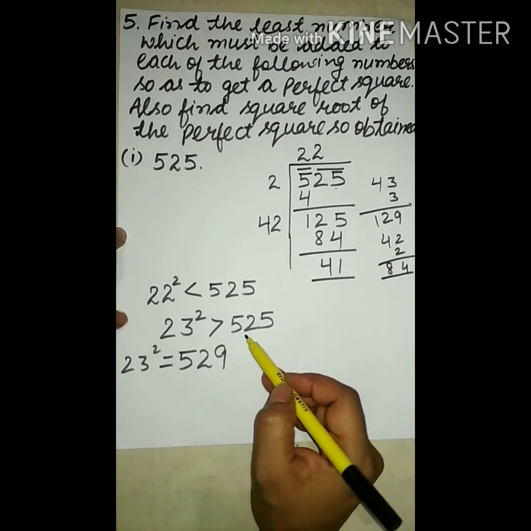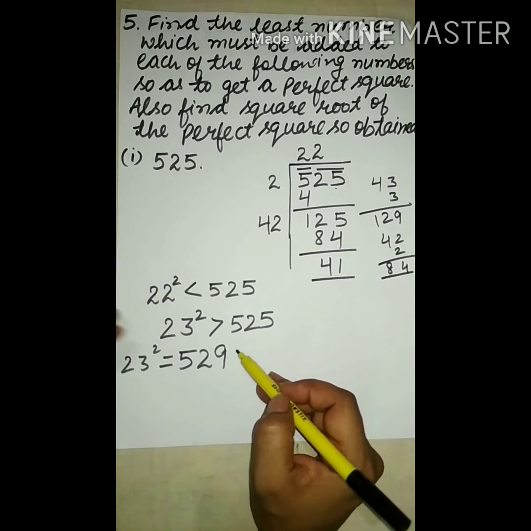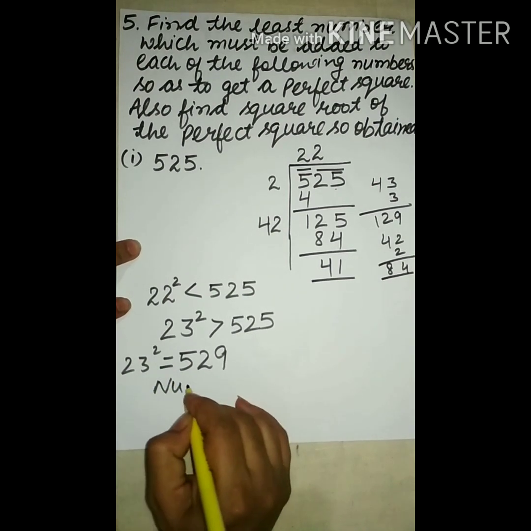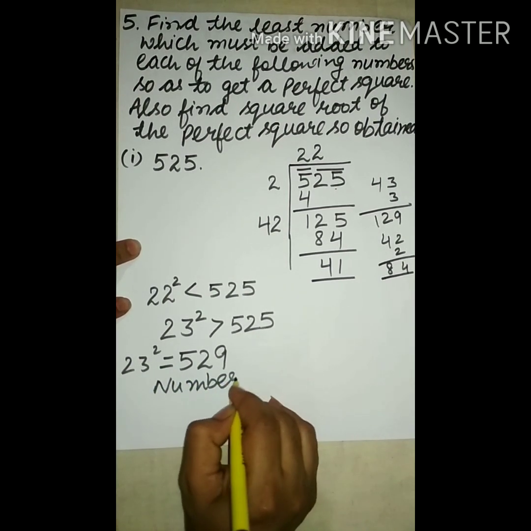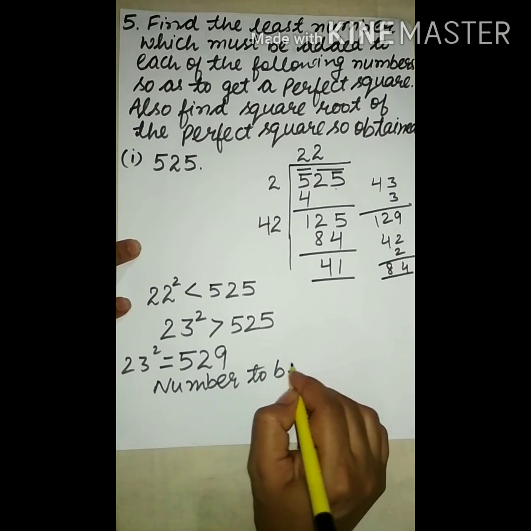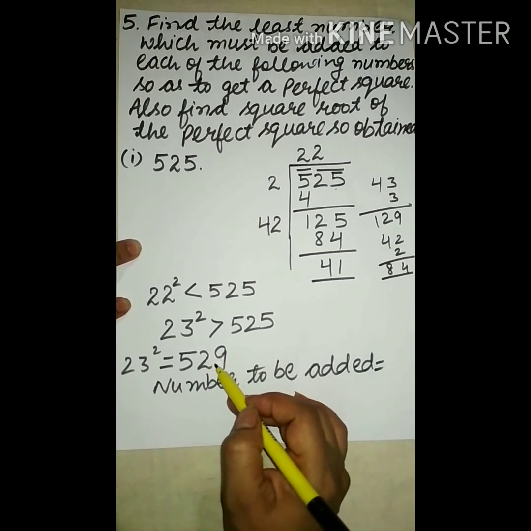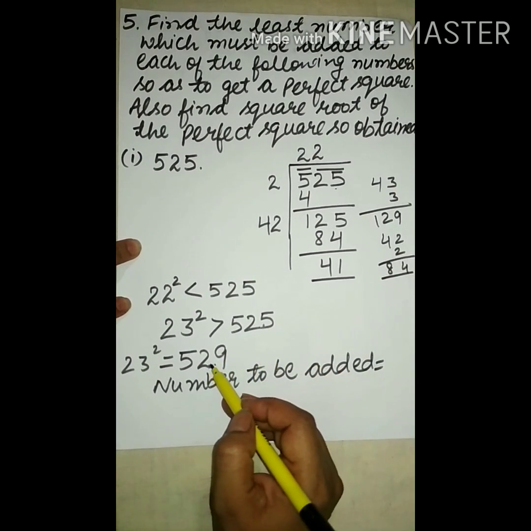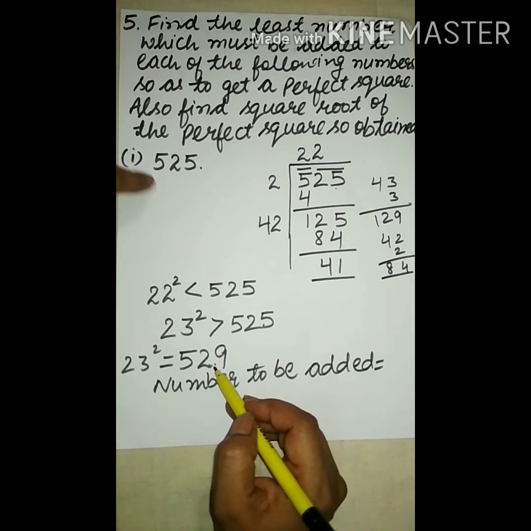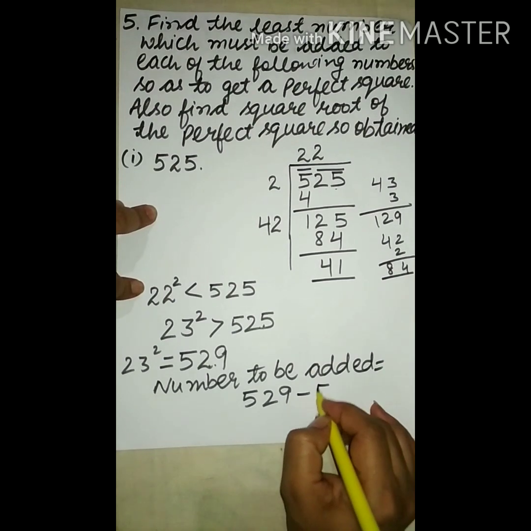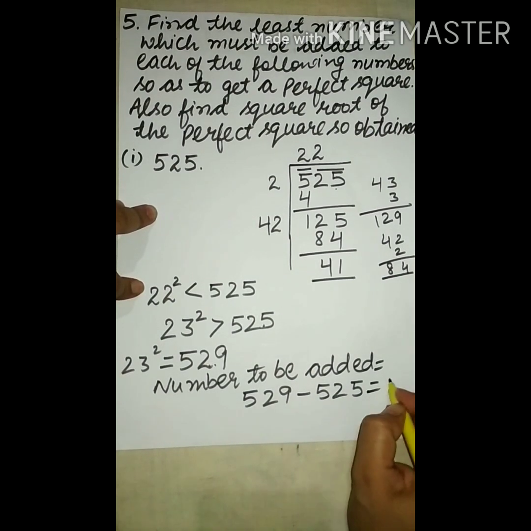It means the smallest number which must be added is equal to the difference between these two, the square of the next number and the given number. So it will be 529 minus 525 is equal to 4.